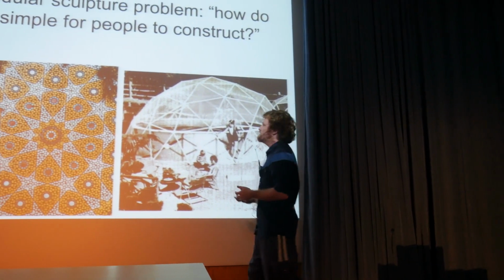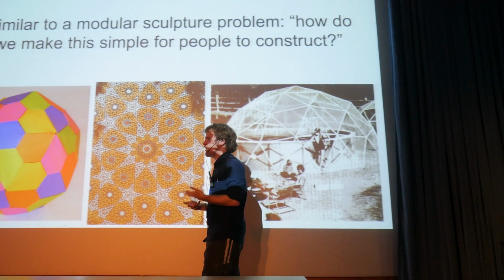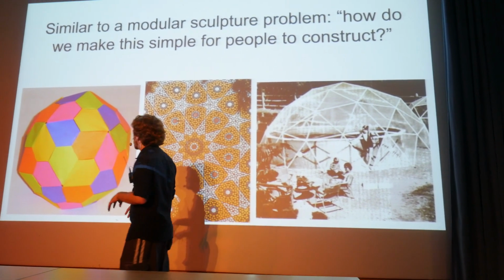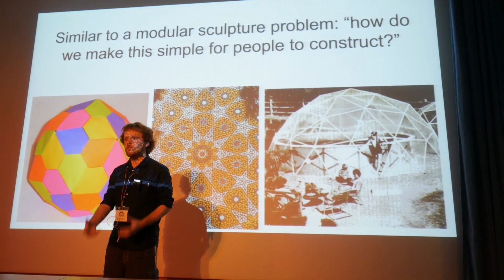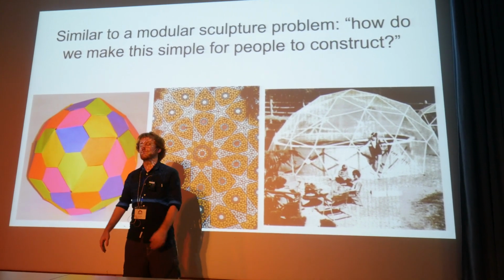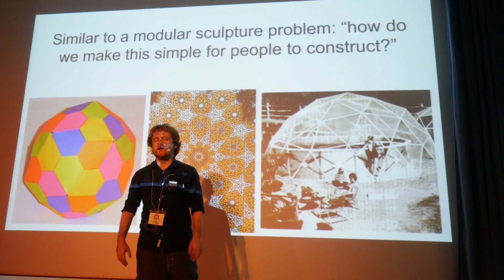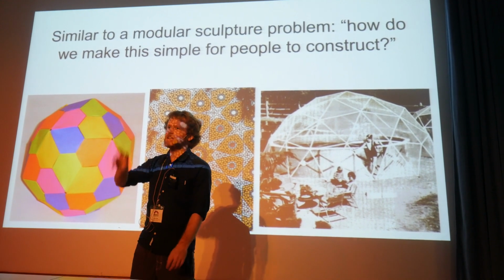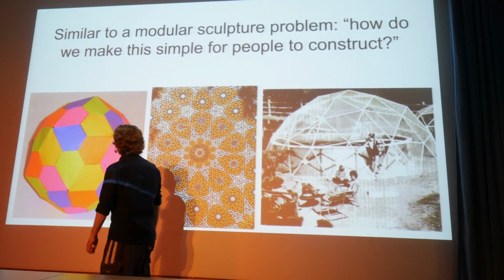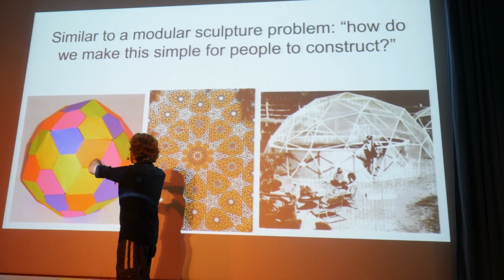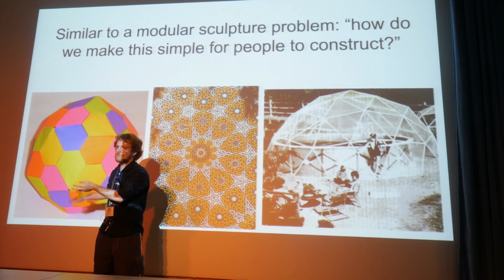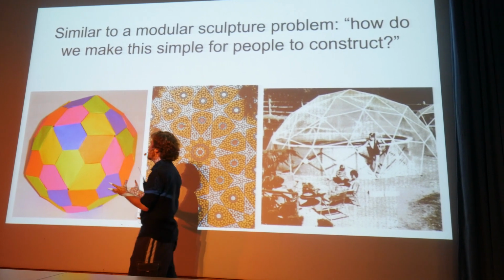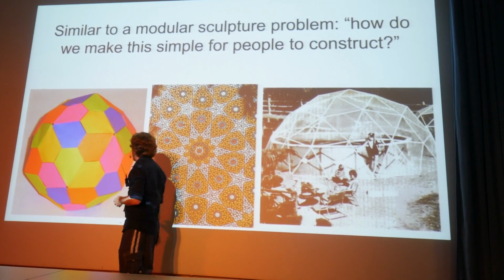And this is quite similar, in a way that appeals to me in a sciencey art kind of way, to a problem that we face in modular sculpture. When I say modular sculpture, I mean when you're making something out of identical pieces. So this is a modular sculpture, this bit of origami. You can find this in origami books, and there's lots of other origami things like it.